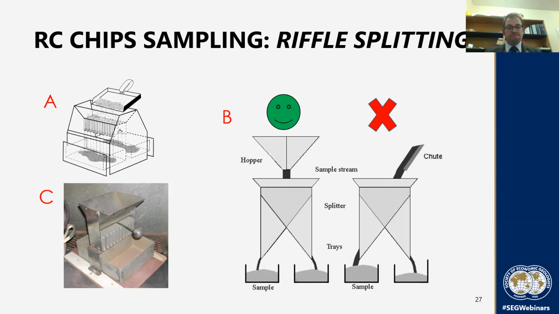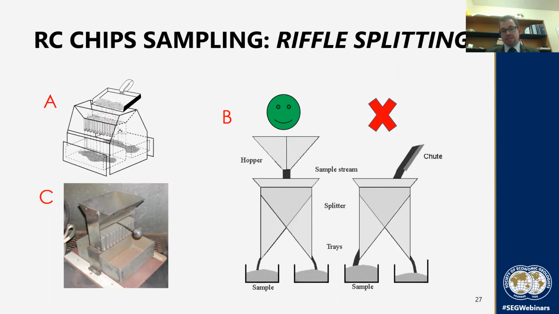That's a device, as you can see in images in figures A to C. What's happening here is you put the samples into the splitter, and it will, in an ideal case, produce two subsamples, and both should have an equal amount of sample.